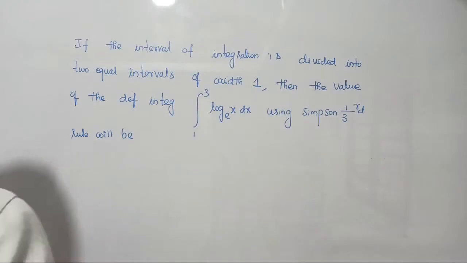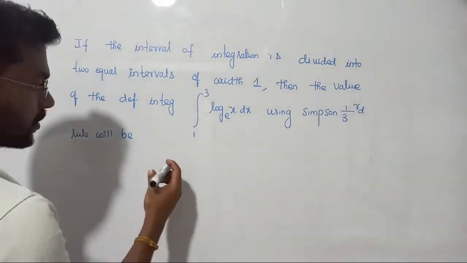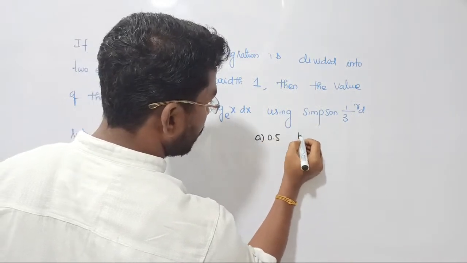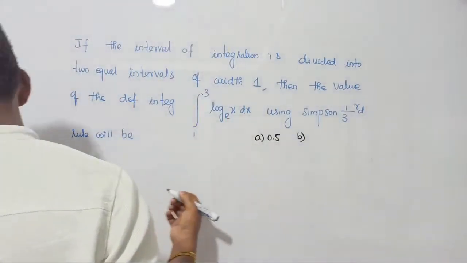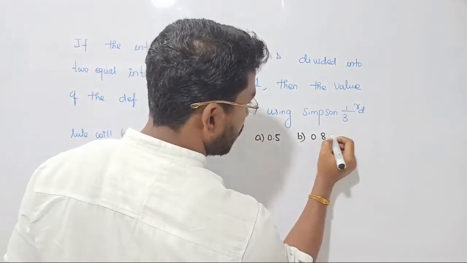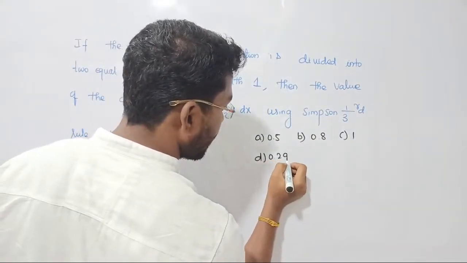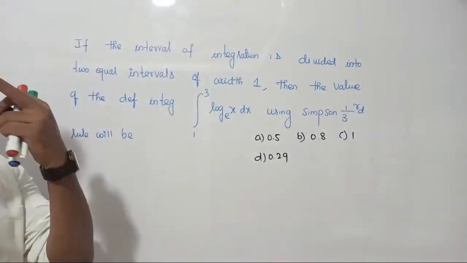So that is the question, and they have given 4 options. Let me write down the options also. Option A, 0.5. Option B, 0.8. Option C, 1. Option D, 0.29. Clear? So they have given 4 options totally.